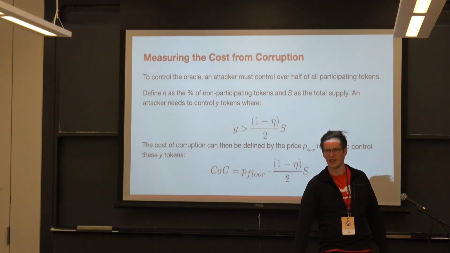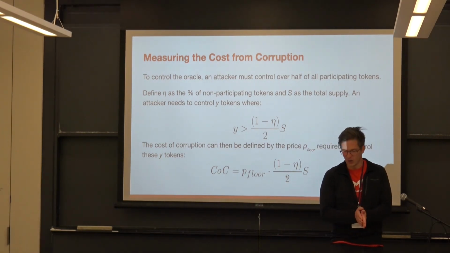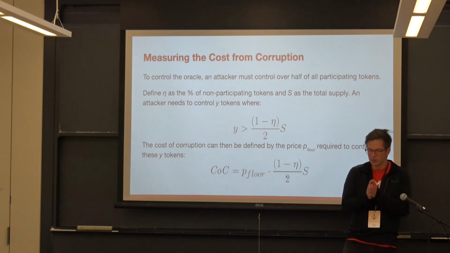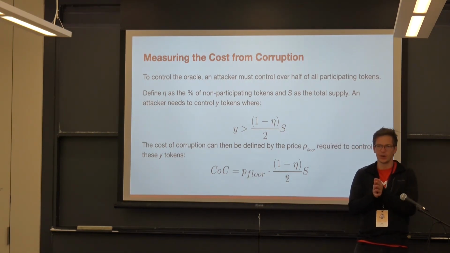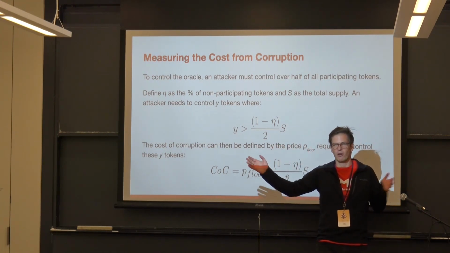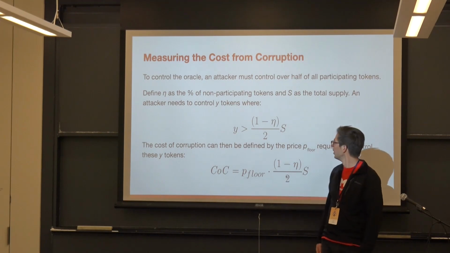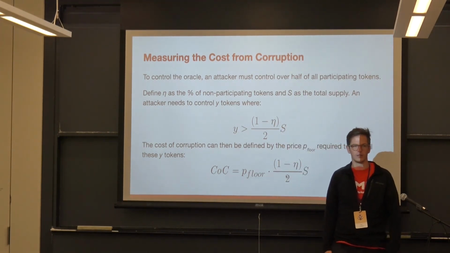No. Yeah? All right. So to measure the cost of corruption, an attacker must control half of all participating tokens. What I mean by participating tokens is if there's a lot of voting rights out there that aren't voting, they don't actually secure the system. So we have this ADA parameter that's just the percentage of non-participating tokens.